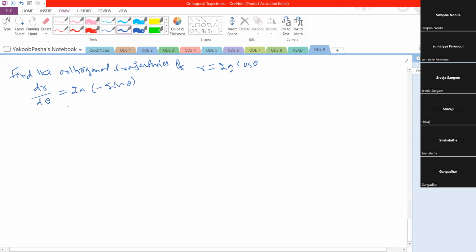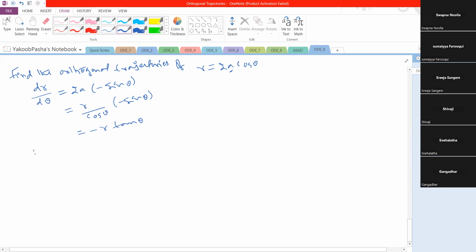And 2a we can write as r by cos theta from the given equation. So this is nothing but minus r tan theta. So this is the value of dr by d theta.